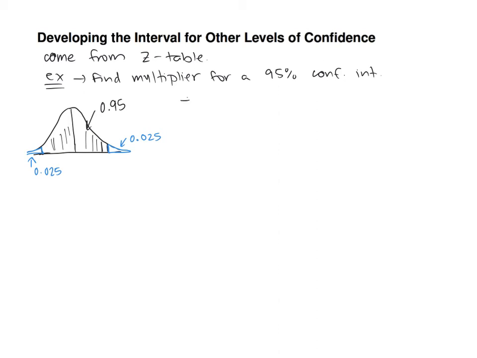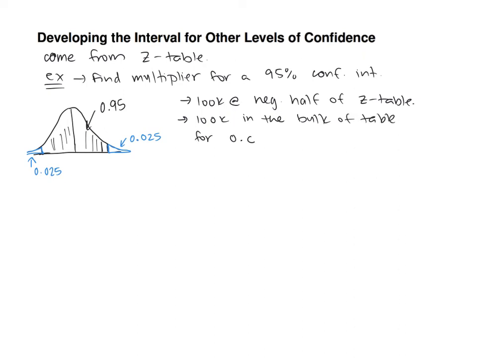Now what you do next is look at the negative half of your Z table. And what you're going to look for is, in the bulk of the table, 0.025.